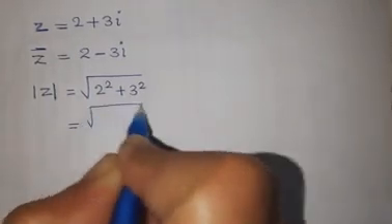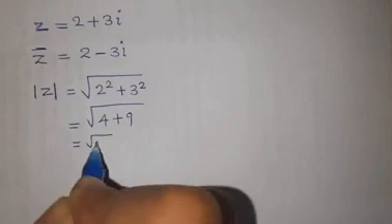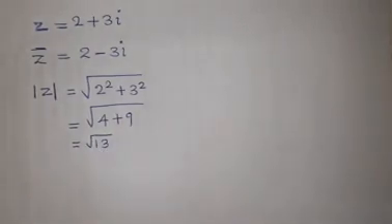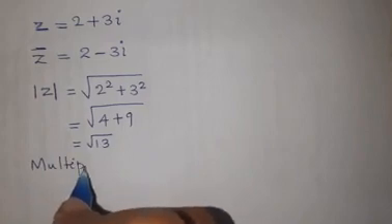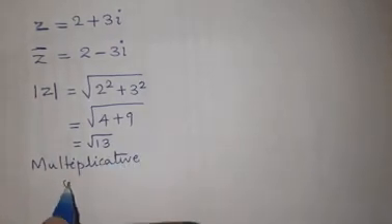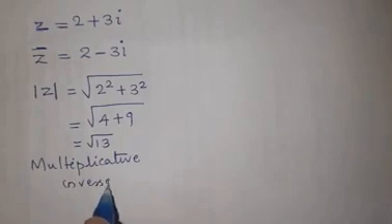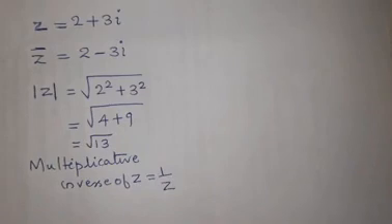Therefore, root of 4 plus 9, that is root 13. And the multiplicative inverse of z is one by z. Okay, നമുക്കൊരു എക്സാമ്പിൾ കൂടെ കൺസിഡർ ചെയ്യാം.